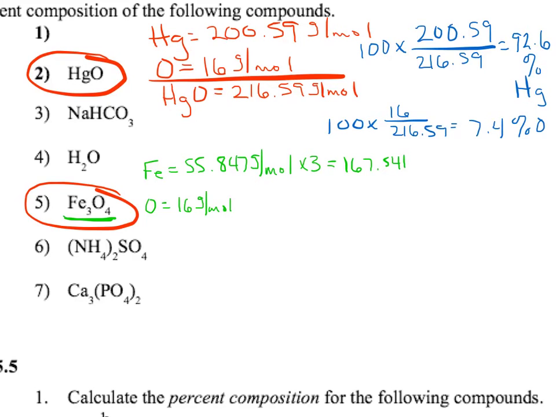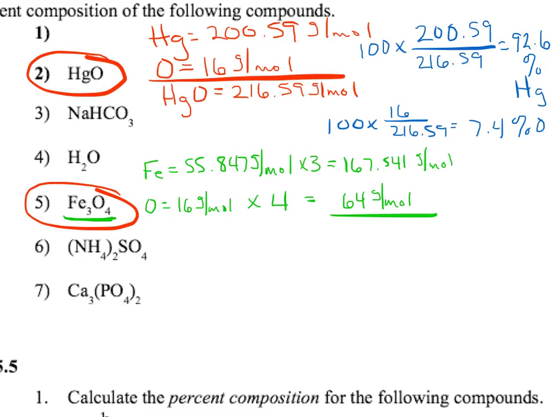That's what that's saying. For the oxygen, we'll multiply by 4, and that'll give us 64 grams per mole of oxygen. So again, in 1 mole of this, there are 64 grams of oxygen.